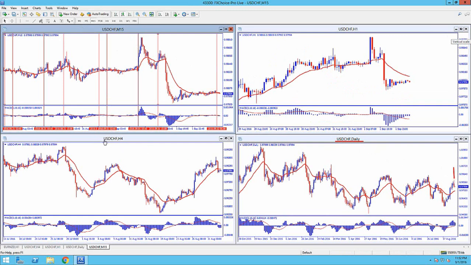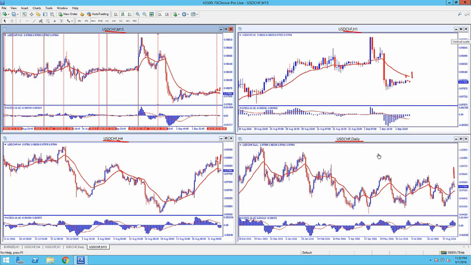Within that, we have the USD/CHF H4. And I'll get involved with all the symbols later in another video. That means that each price bar is 4 hours long. Here, each bar on the H1 is 1 hour long. And on a 15-minute chart, each bar is lasting 15 minutes.